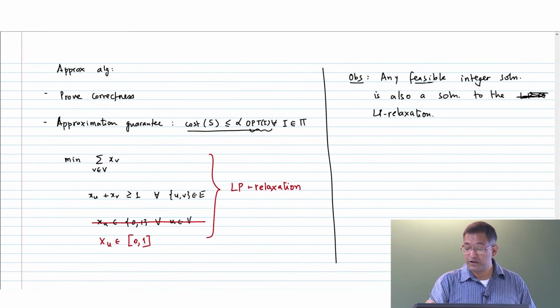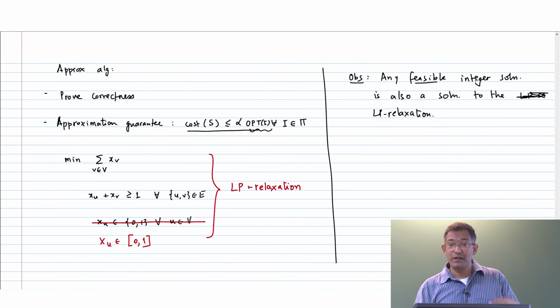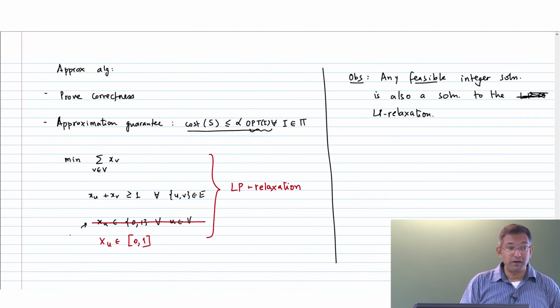So, feasible integer solution, which means any solution to the integer program, is also a solution to the linear program. It is easy to check, because the integer program wanted that the variables take values either 0 or 1. The linear program says, well, I am happy as long as the variable takes a value, any value between 0 and 1, including 0 and 1.